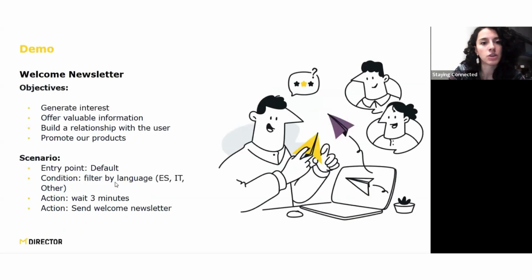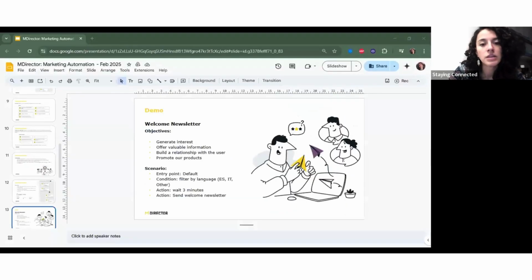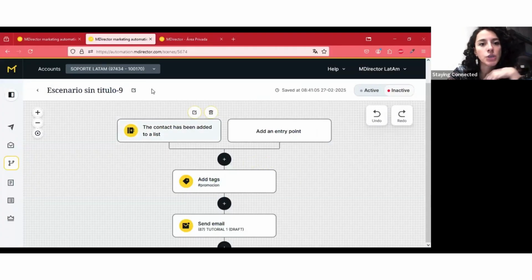So let me show you how it works. So how are we going to do this? The first thing, the contact has been added to a list. Let me share you this other screen. There we go. Okay, so the contact has been added to a list.